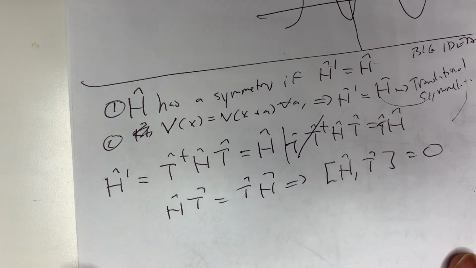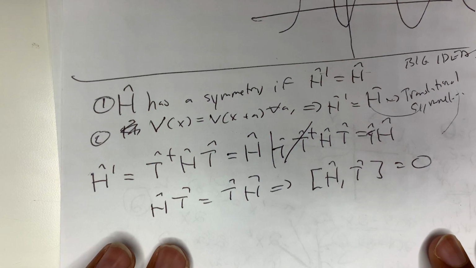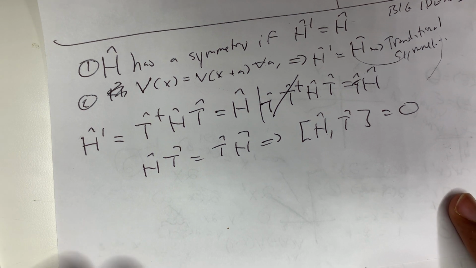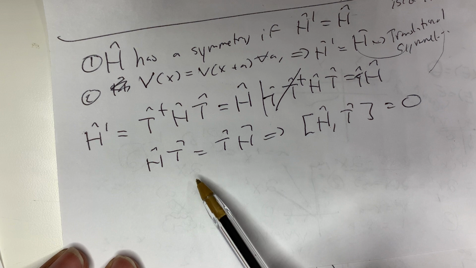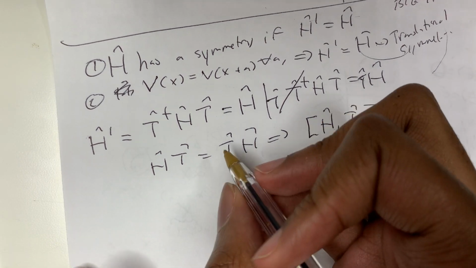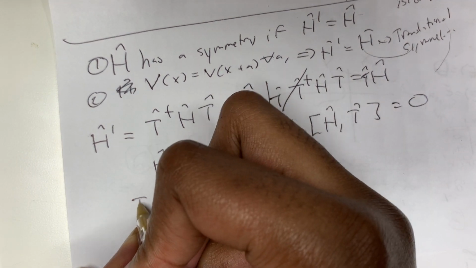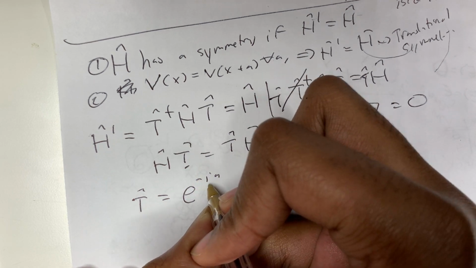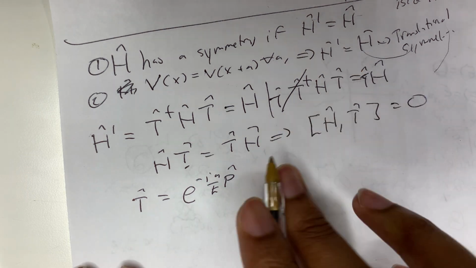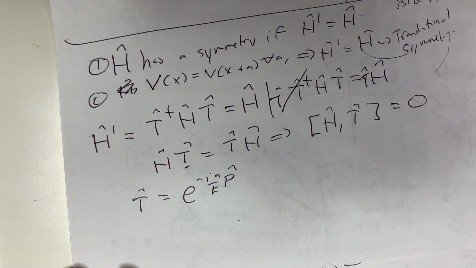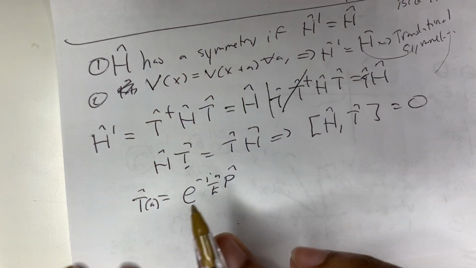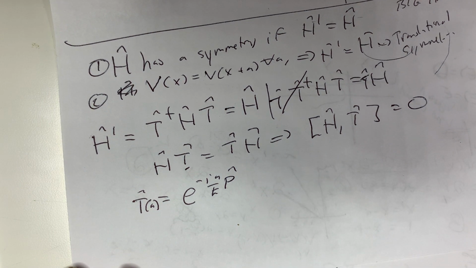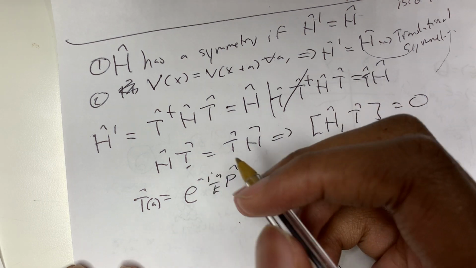So let's reintroduce our operator here. Remember that this operator T hat is just e to the minus i a over h bar p hat, so that's T of a. That's translating an observable by a to the right, or to the left depending on the observable.